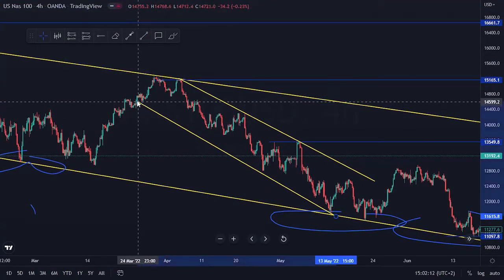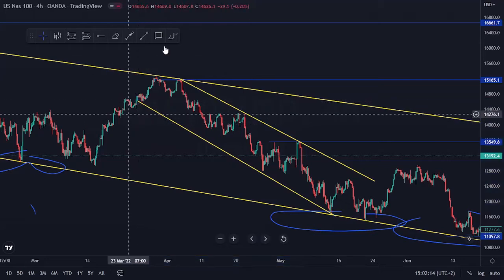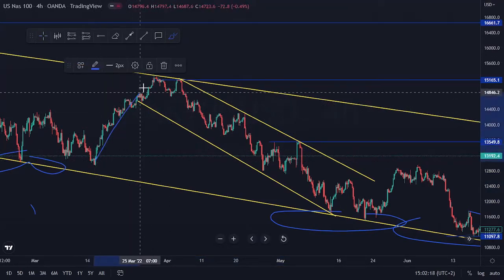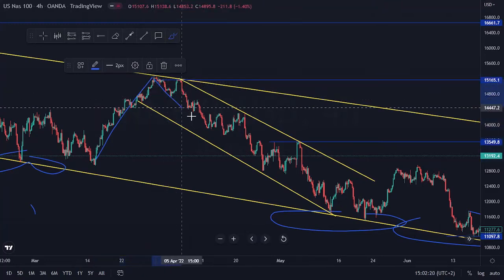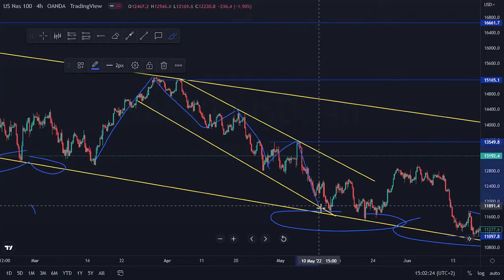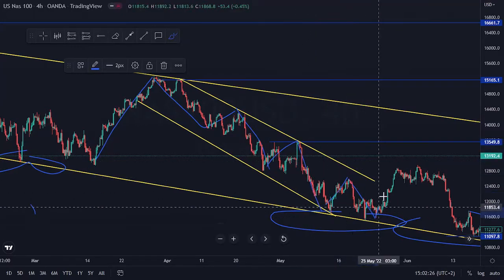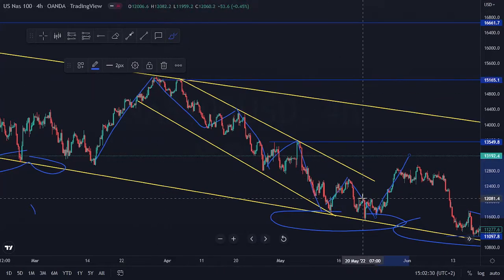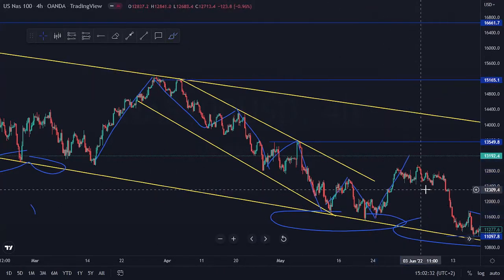We look for potentials for a move to the upside. So this became, excuse me for that, I have caught a cold, so if my voice is not clear, I do apologize for that. So this, and then we came back, double top, double bottom, move to the upside. So it was impulse, correction to the downside, impulsive move to the upside.